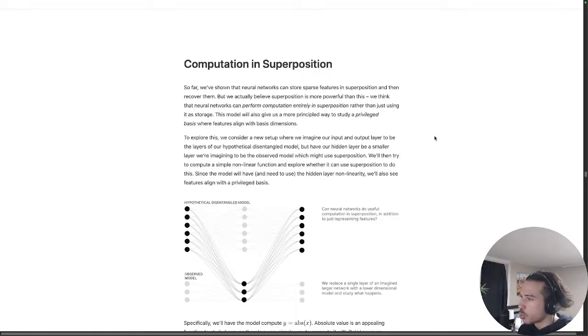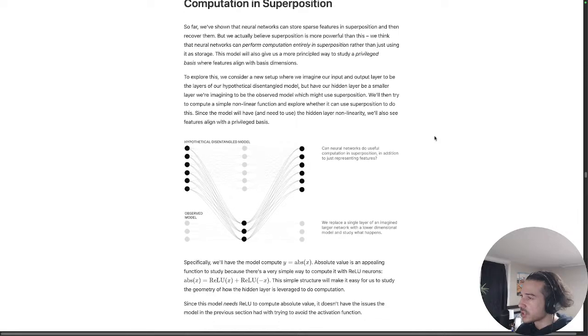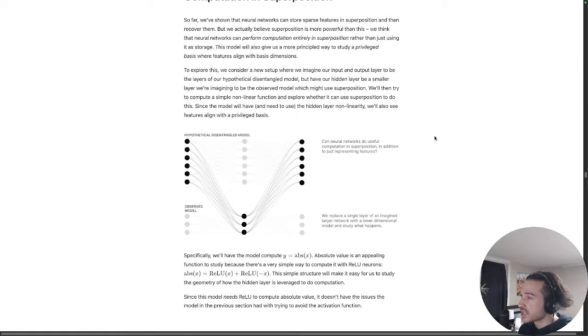This model will also give us a more principled way to study a privileged basis, where features align with basis dimensions. To explore this, we consider a new setup where we imagine our input and output layer to be the layers of our hypothetical disentangled model, but have our hidden layer be a smaller layer we're imagining to be the observed model, which might use superposition.